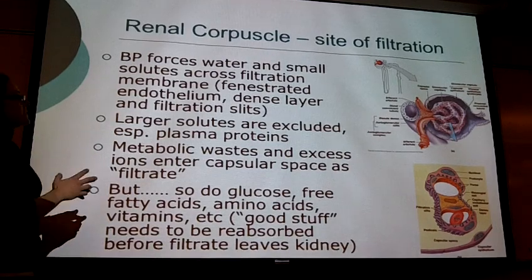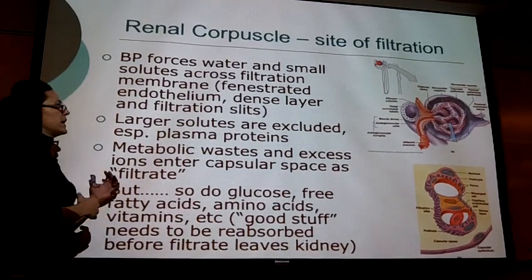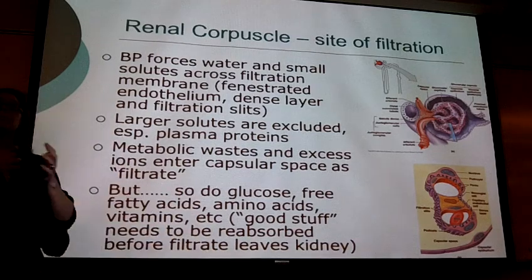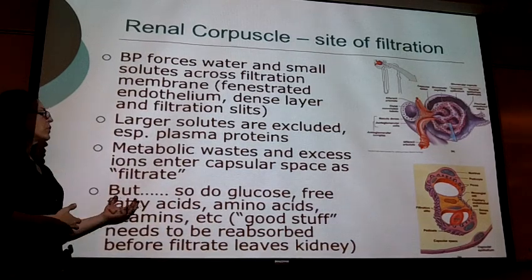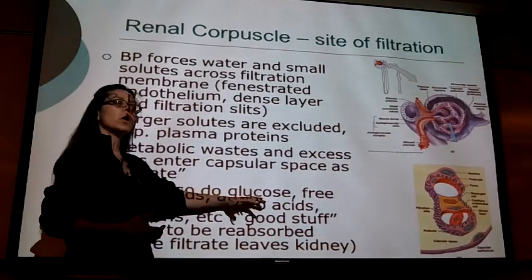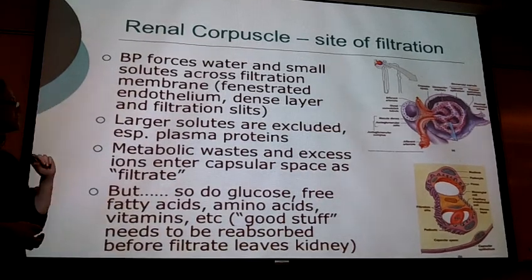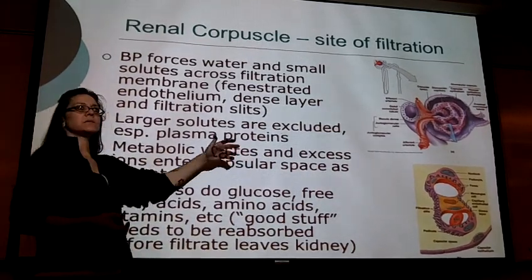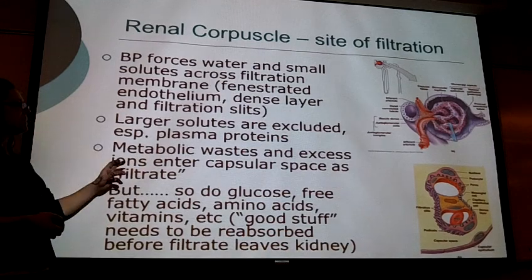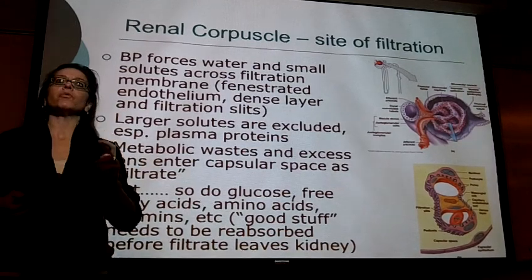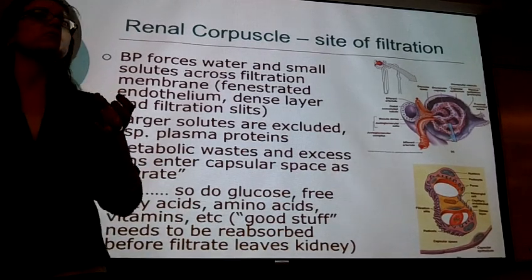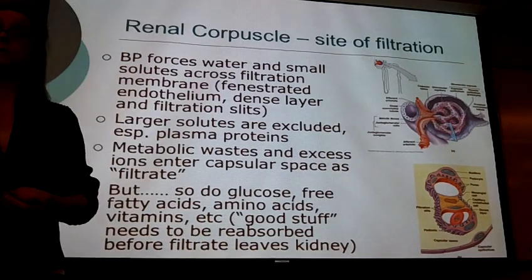So we're going to get lots of things that come out. We're going to get water that comes out of the blood plasma. We're going to get things like glucose, fatty acids, metabolic waste, ions. Anything that's small enough to fit through those slits or those pores is going to come out.